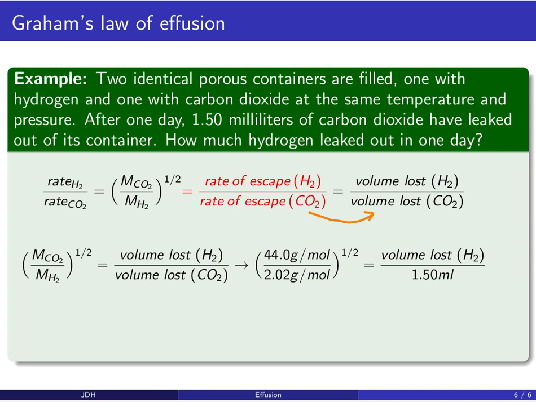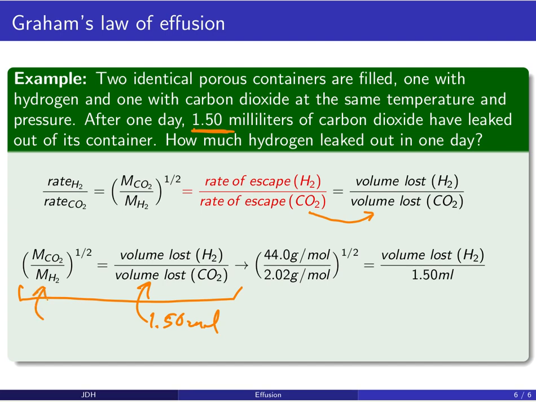So we now have an expression where we basically transformed Graham's law into the ratio of the masses taken to the square root being equal to the ratio of the lost volumes for each of those different gas types. Now, we have one of those volume values. We know that 1.5 milliliters of CO2 was lost.